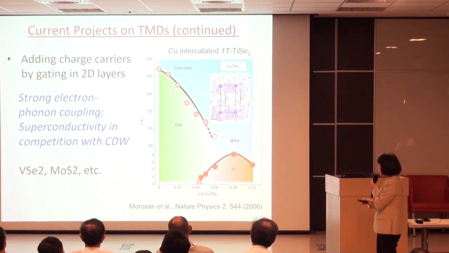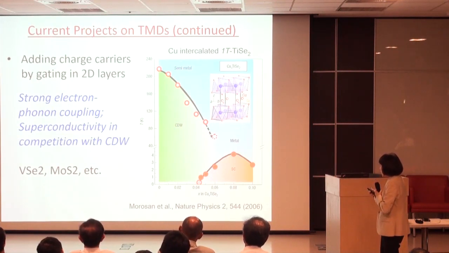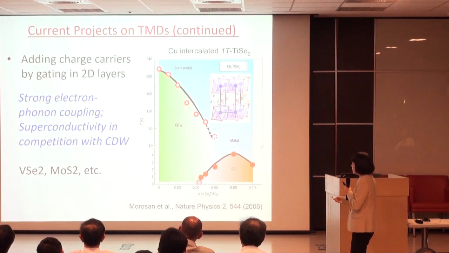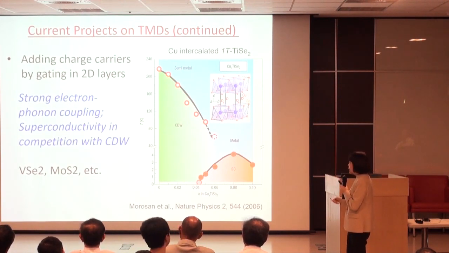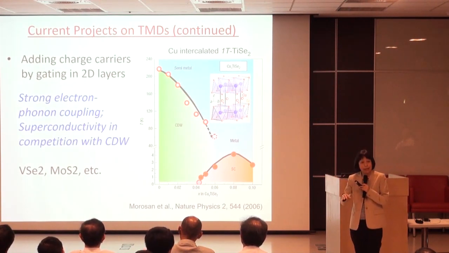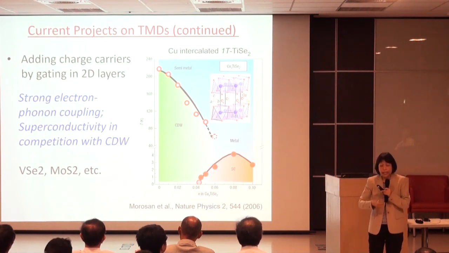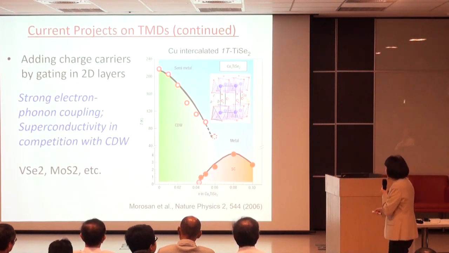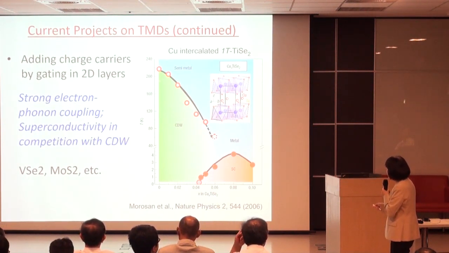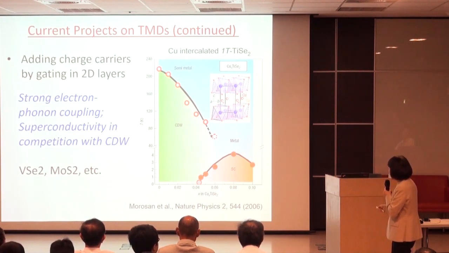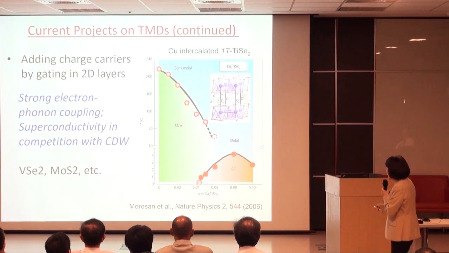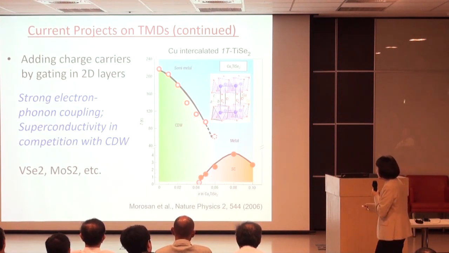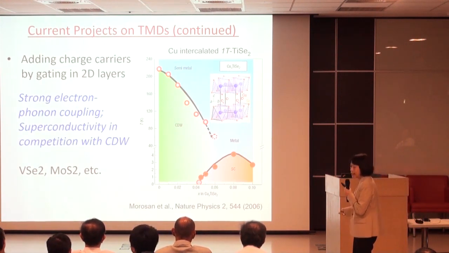And also in those two-dimensional systems, we have a way to add charge carriers by gating in the experiment. So you could put charge into the system, and a typical situation, by doping, is that one could see different competing phases: charge density wave and superconducting phase.